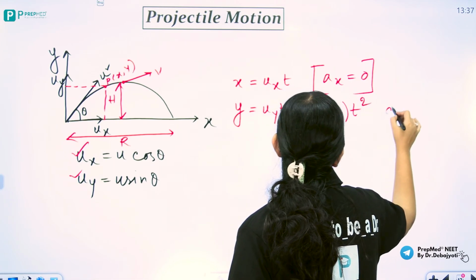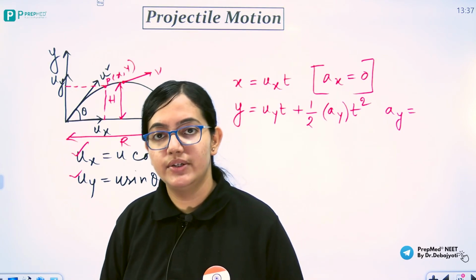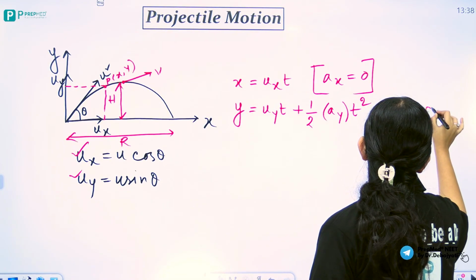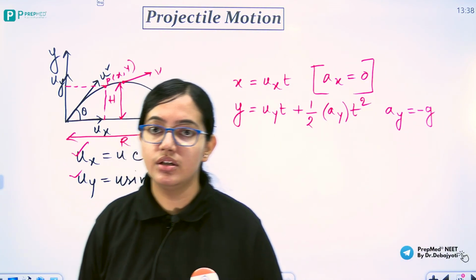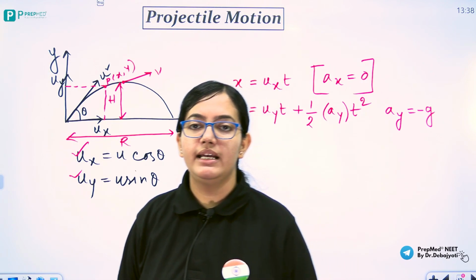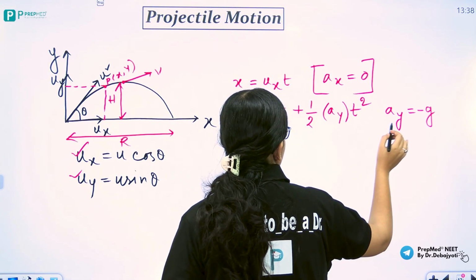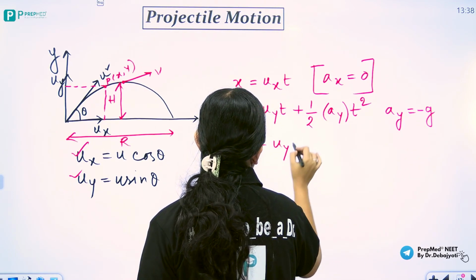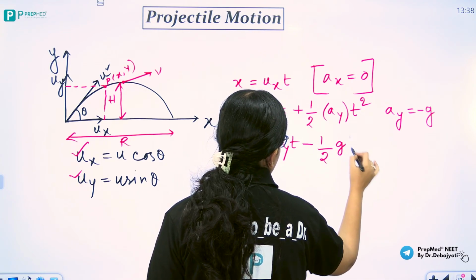What is the acceleration along the vertical y-axis? Here ay is equivalent to minus g, where g is the acceleration due to gravity. So ay is minus g, and putting the values, we get uyt minus half g t square.